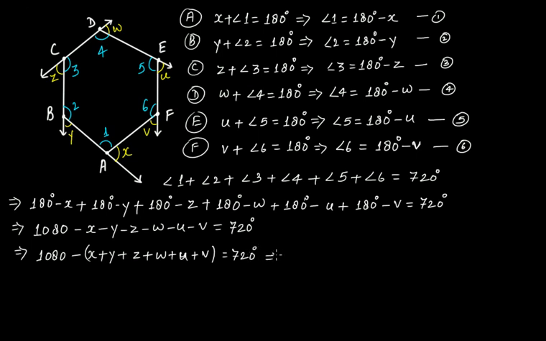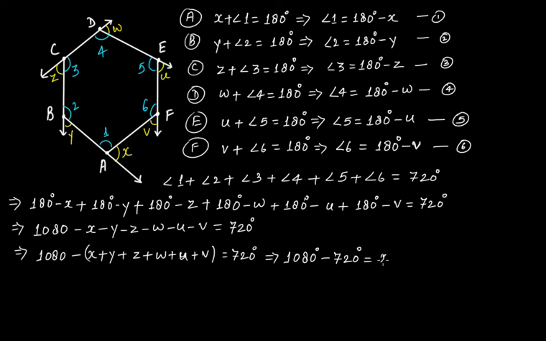If you transpose the whole bracket X plus Y plus Z plus W plus U plus V to the right hand side, and at the same time transpose 720 degrees to the left hand side, this becomes 1080 degrees minus 720 degrees.